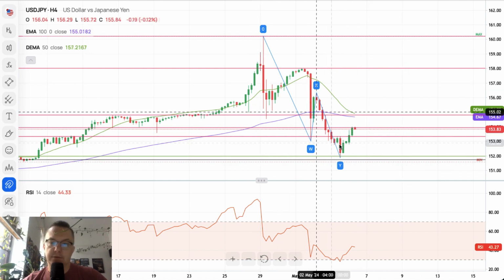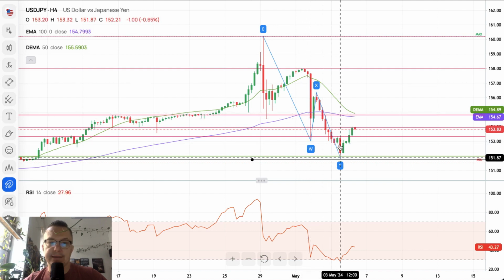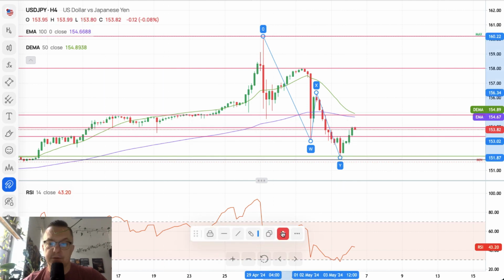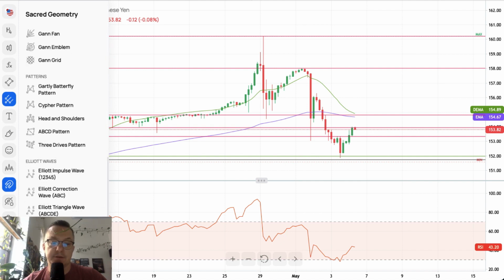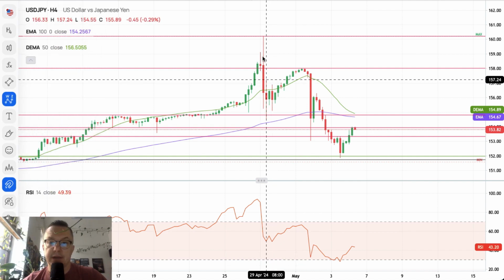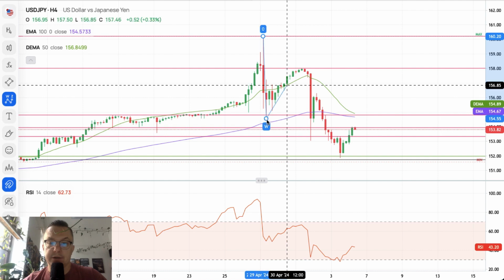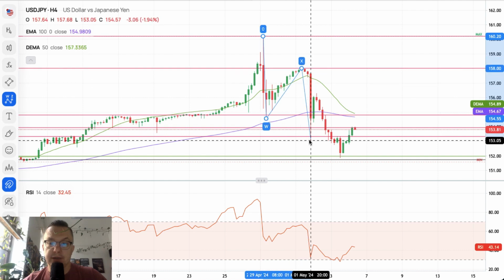Complex correction, maybe even WXYXZ is the pattern. It's not that. So the other pattern, if you are familiar with this kind of a correction, very complex correction, very hard to spot, very hard to label it correctly, might be something like this.